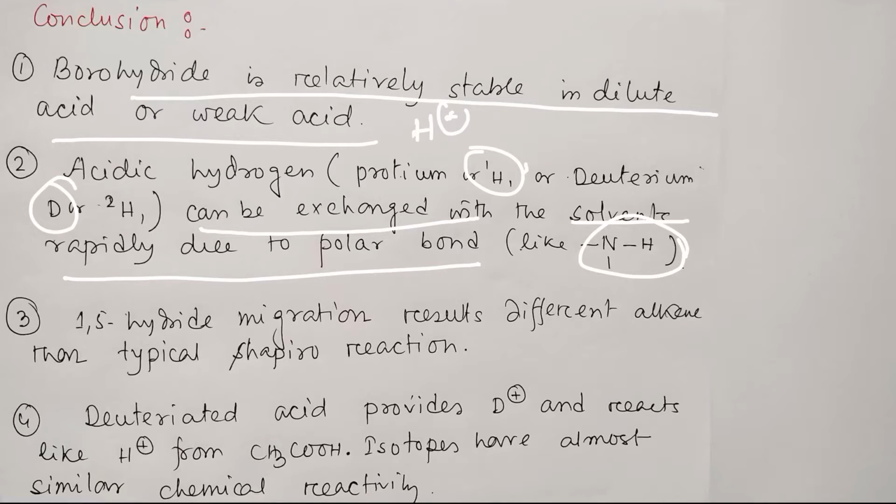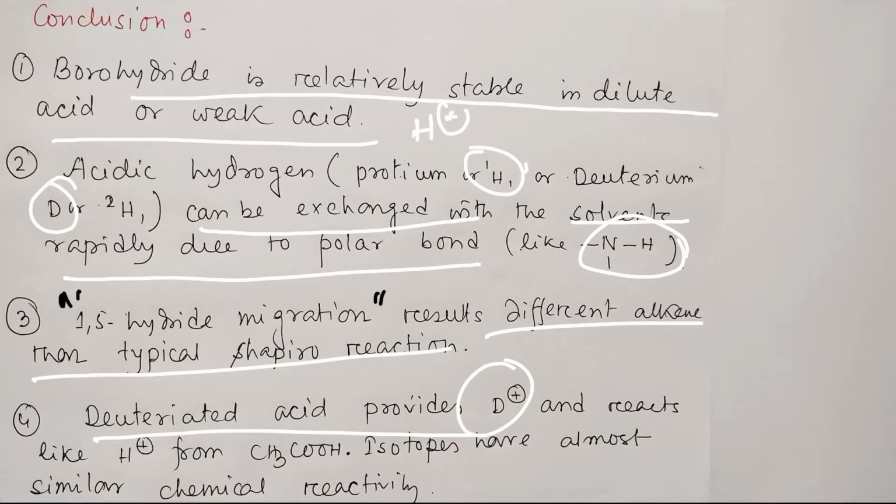Okay, and the 1,5 hydride shift or migration results in a different alkene than the typical Shapiro reaction, which I have told. And finally, the deuterated acid provides D plus and reacts like H plus. The chemical property of this is the same as H plus from acid, because isotopes have almost the same chemical reactivity, but their reactivity is different in the case of nuclear properties.